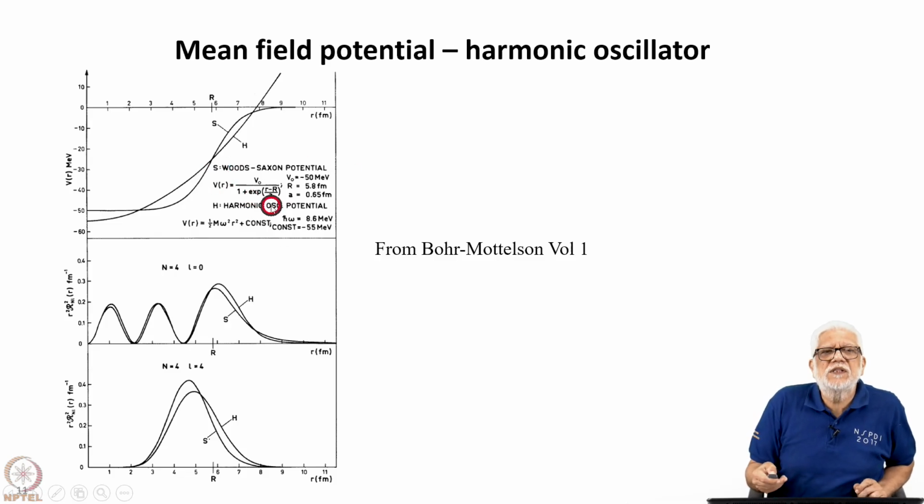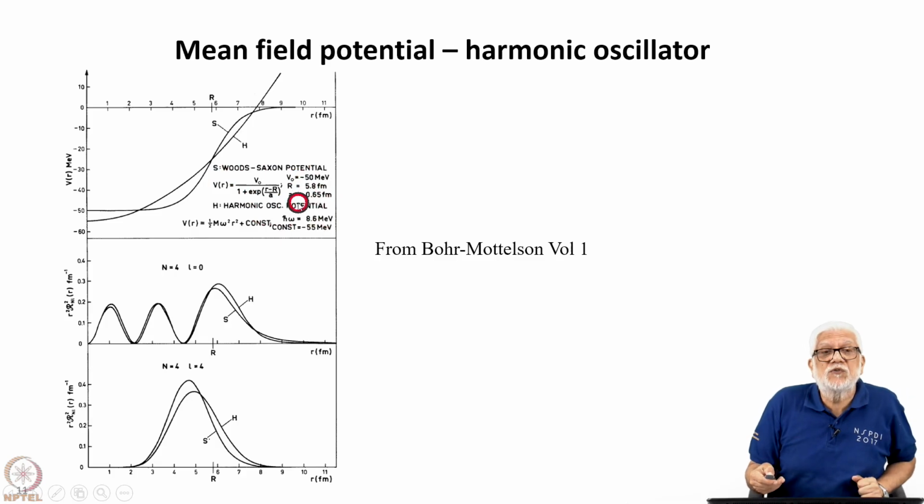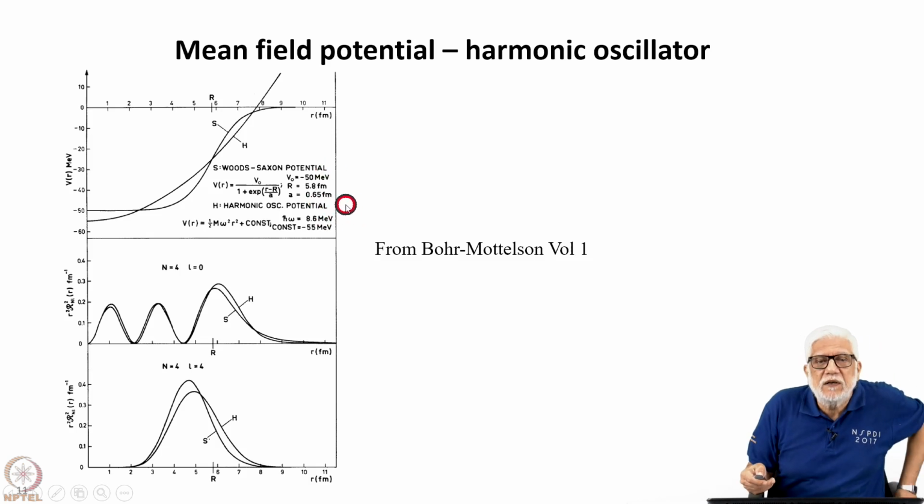And so, in this case, what is plotted here is for R equal to 5.8 Fermi, a equal to 0.65 Fermi, I think, if I can read it right, and the depth of the potential about 50 MeV, and the corresponding harmonic oscillator potential which mimics this.